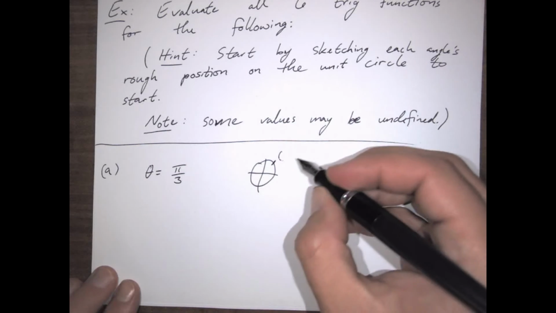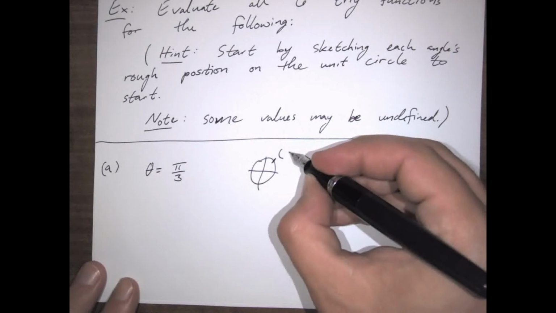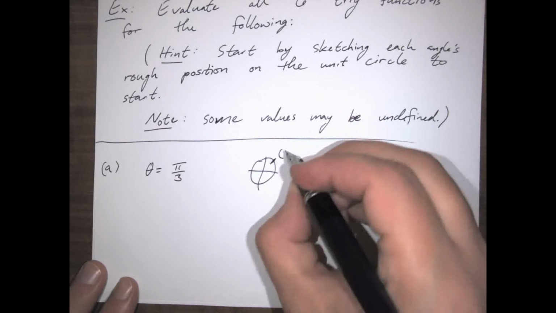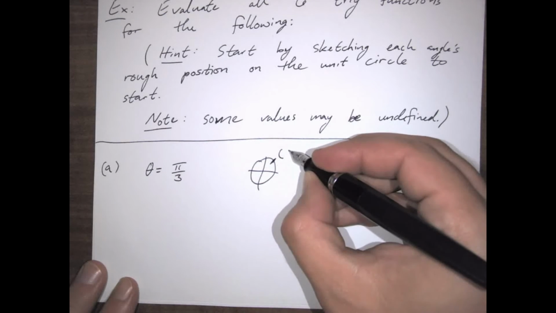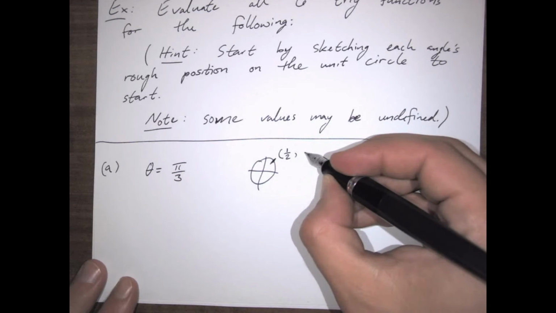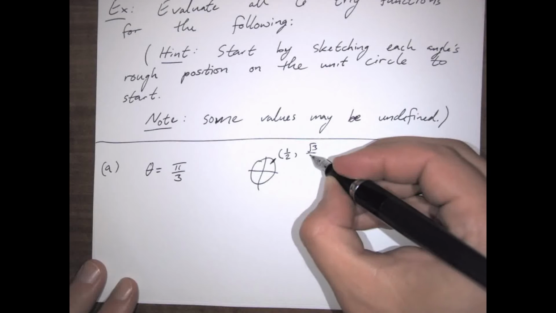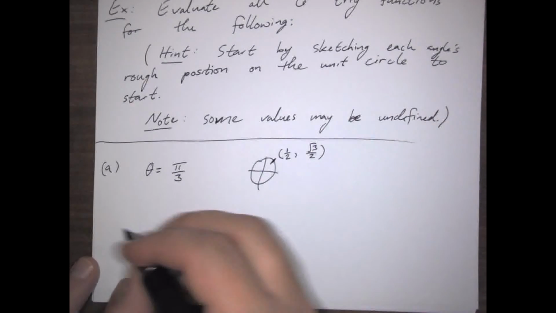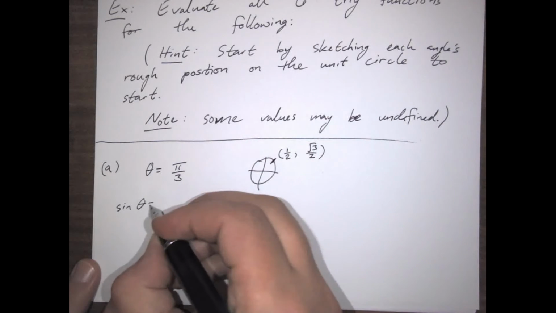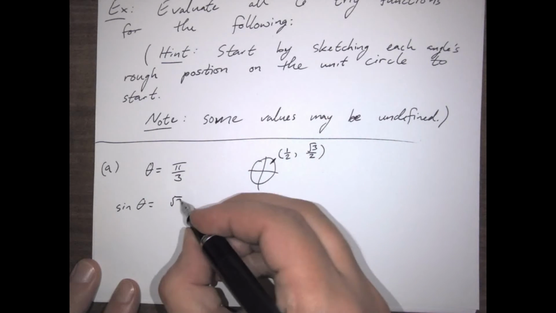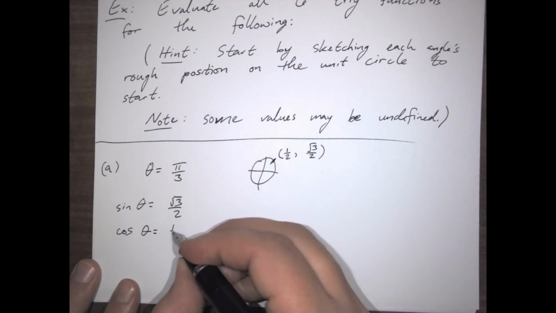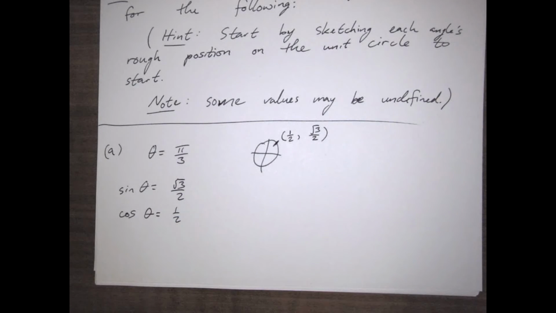Now if it's up there, that means it's got a big y value and a small x value, and they're both positive. So small positive x, that means 1/2, and big positive y, that means root 3 over 2. Okay, so those are the x and the y. And then that means sine theta is root 3 over 2. Cosine theta is 1/2, just as our table said.